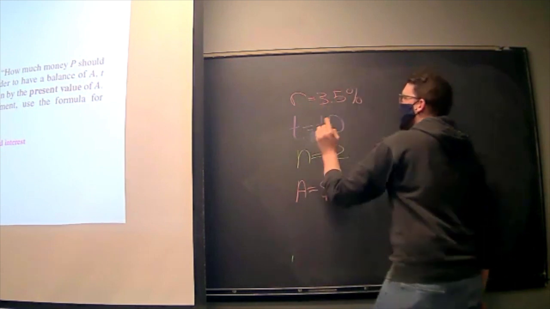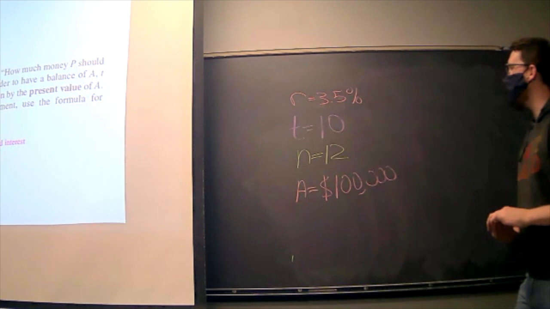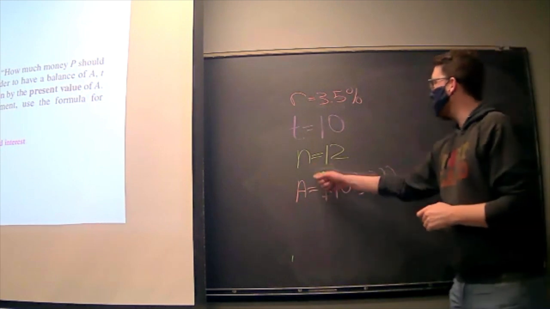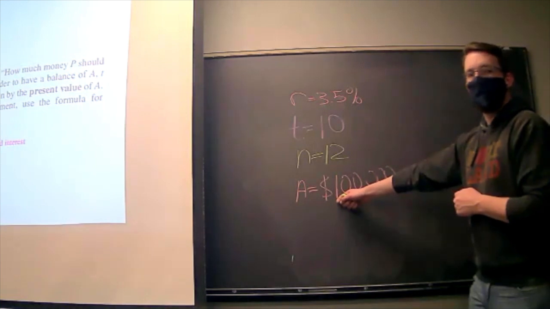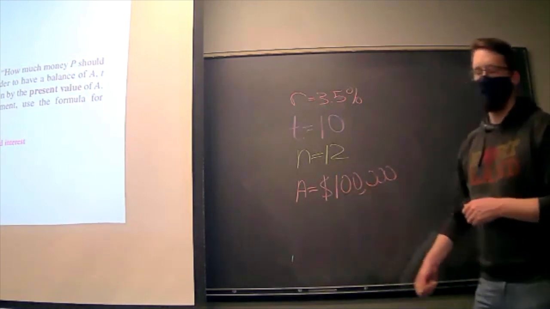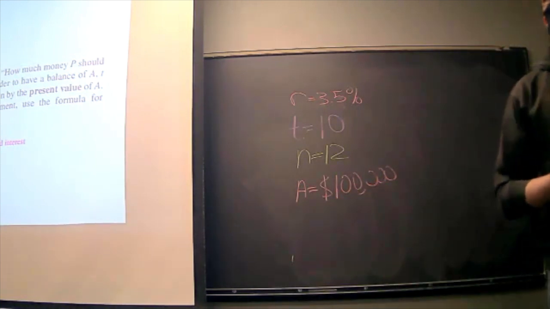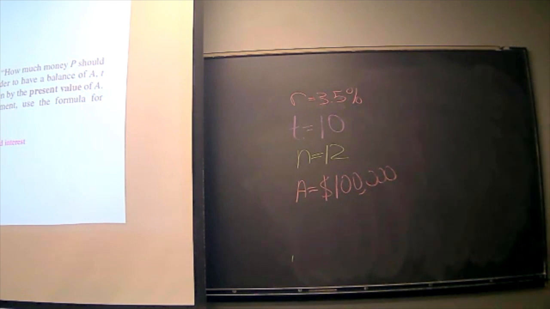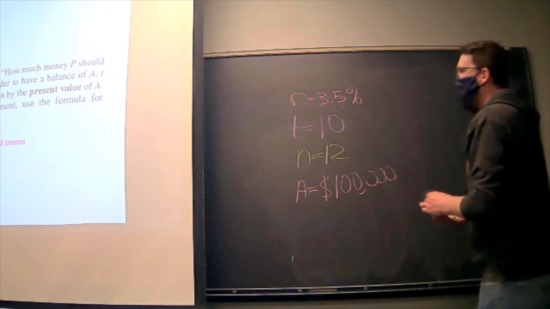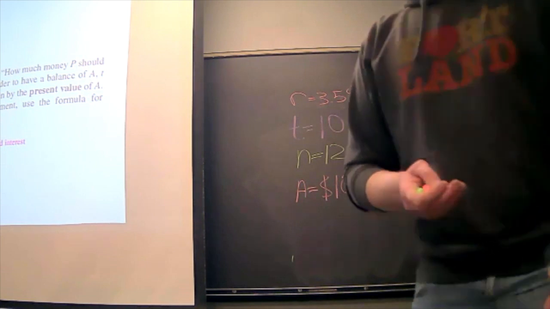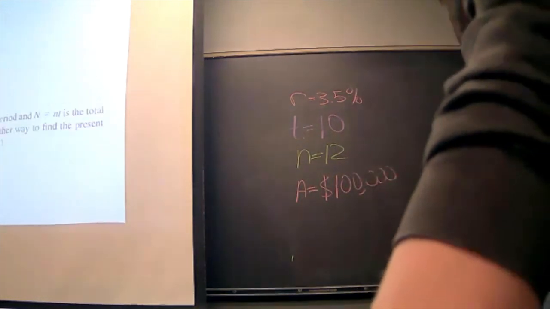We want the CD to mature over a period of 10 years, to incur interest monthly, and we want the final amount on our CD to be $100,000. What we don't know is how much money we need to put down on the CD. How much money are we going to pay into it? That is what the present value is going to tell us.